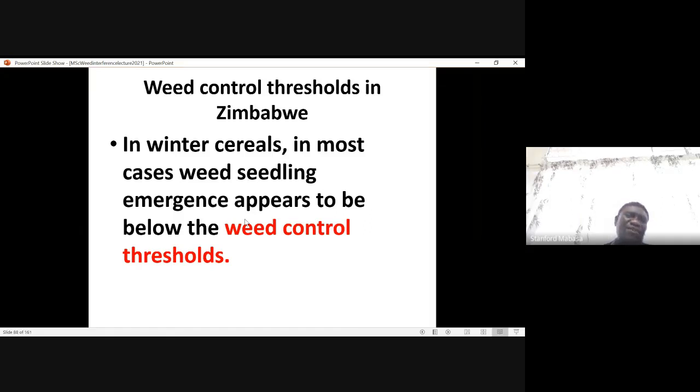But in the low veld where it is hot, probably the weed control thresholds can be achieved. And you need to apply some herbicides to control weeds in the winter wheat.